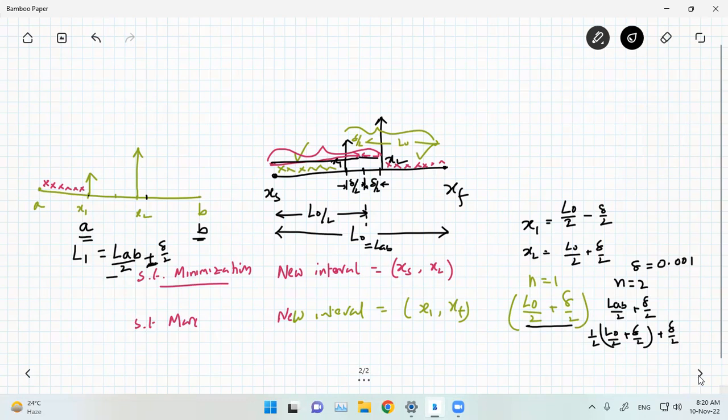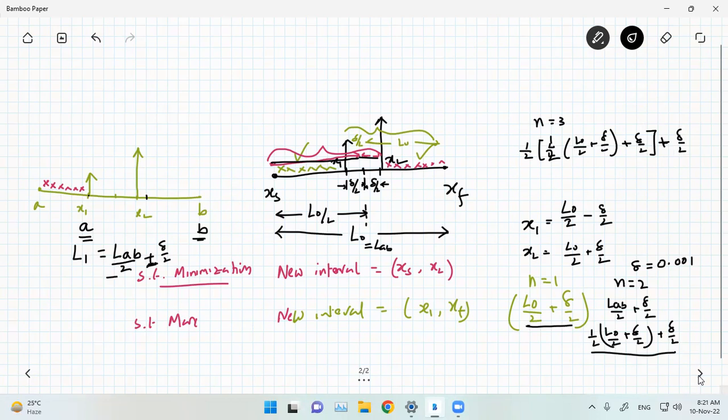Similarly, in the third case, when n equal to 3, for the previous value, which is this, we have to take half of it. So half of the previous value L0 by 2 plus del by 2, plus again an additional small change del by 2.